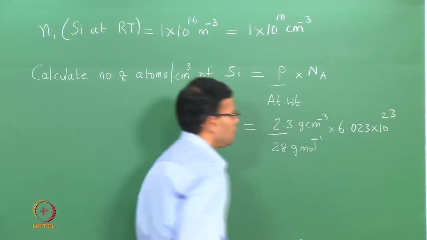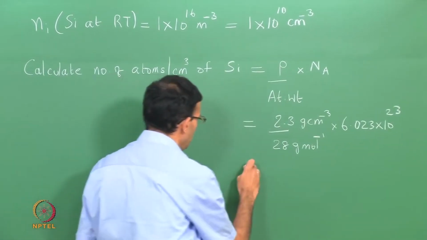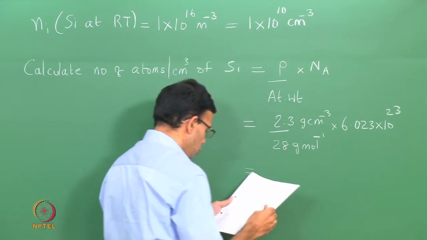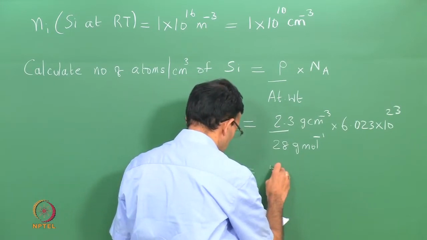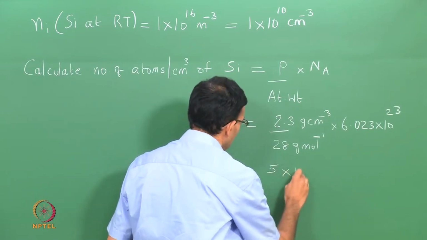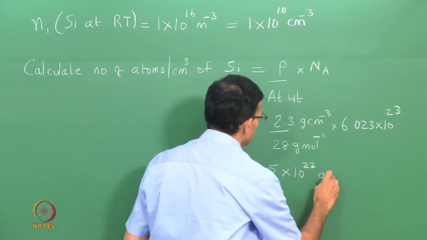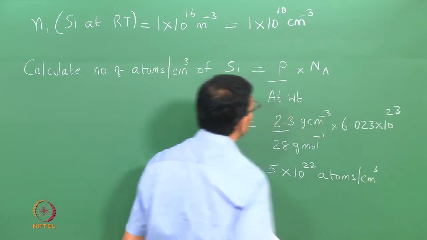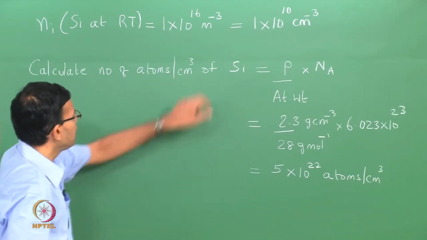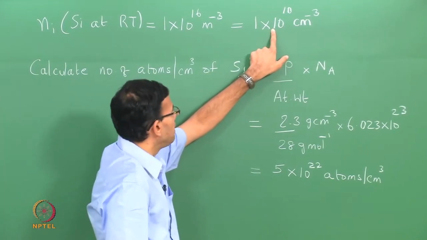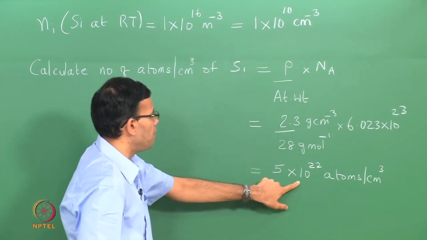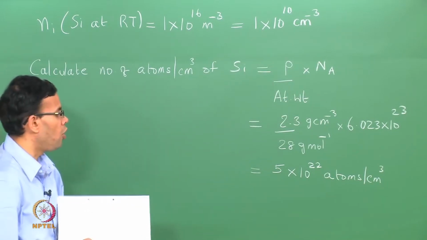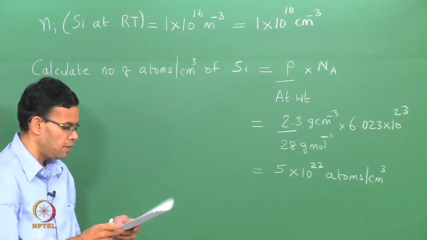If we substitute these values and evaluate, you get the number of silicon atoms per unit volume to be approximately 5 times 10 to the 22. So, if we look at the carrier concentration, which was 10 billion, and compare it to the number of atoms, which is 10 to the 22, that is 10 orders of magnitude more than 10 billion.